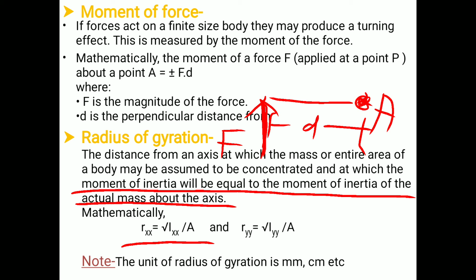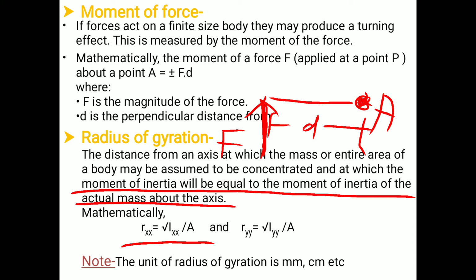In the same manner, if I consider radius of gyration about the yy axis, then we have under root of Iyy upon A, where Iyy is the moment of inertia about the yy axis and A is the area of the figure.